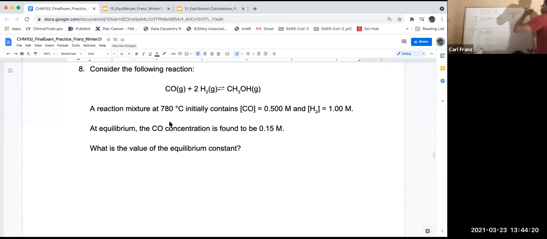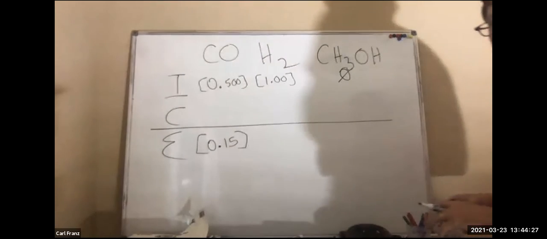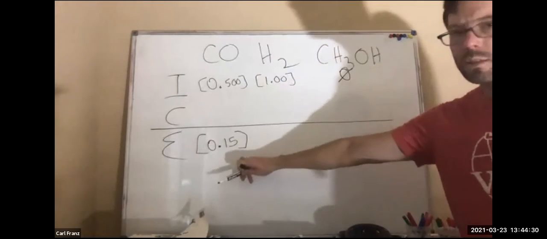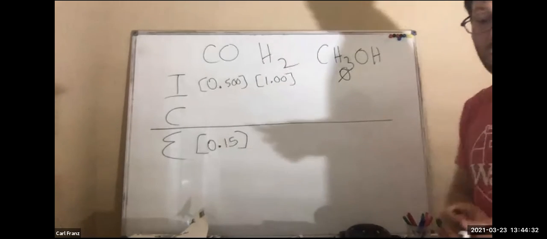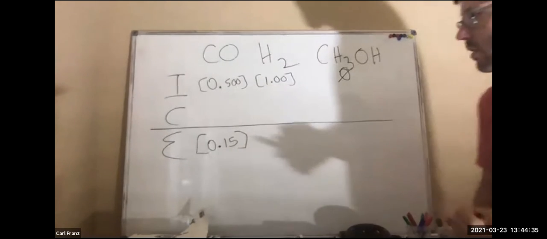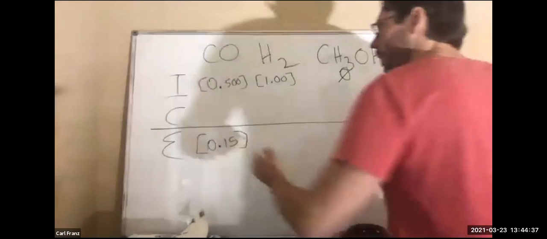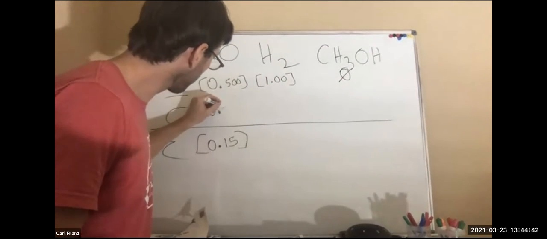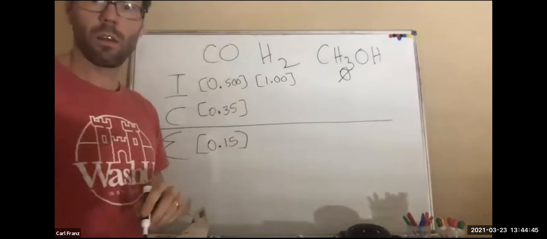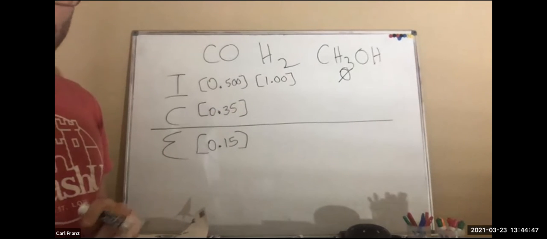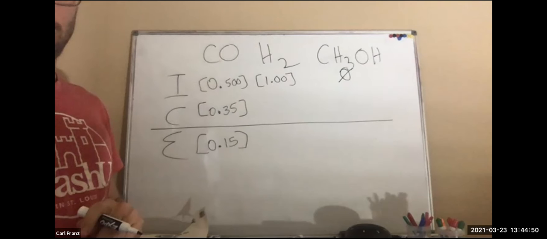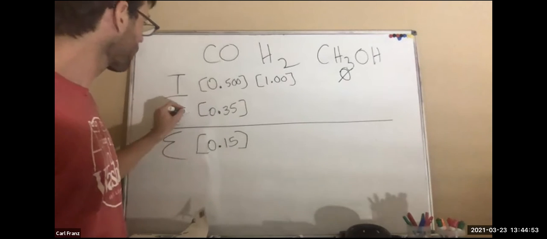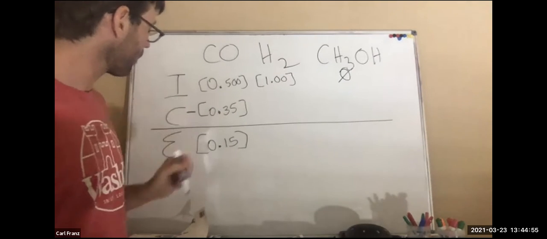Say this is 0. Well, this one is easy, right? Because we have an initial and a final, essentially. So all we need to know is the difference, okay? And that's what, 0.35. So it's going down, right?